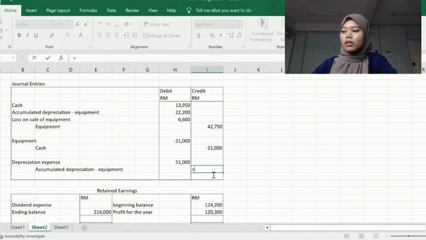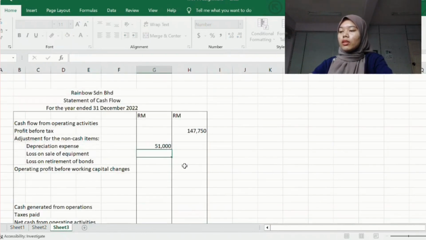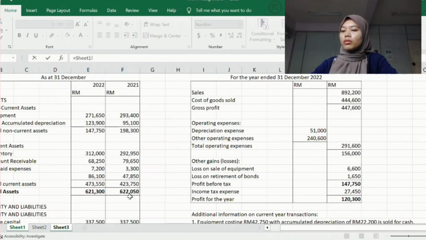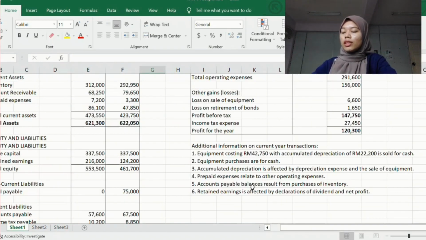Depreciation expense is under the adjustment of non-cash items. Depreciation expense is 51,000, so we just put in the value. Loss on sale of equipment, we just take it from the profit or loss statement. The loss on sale of equipment and the loss on repayment of bonds we add back because it is a loss.